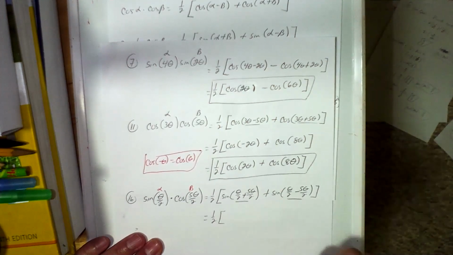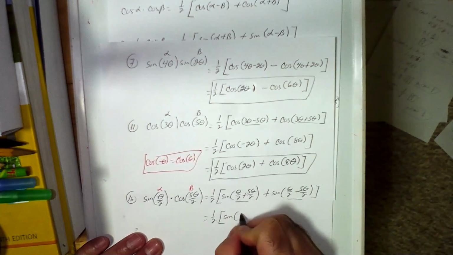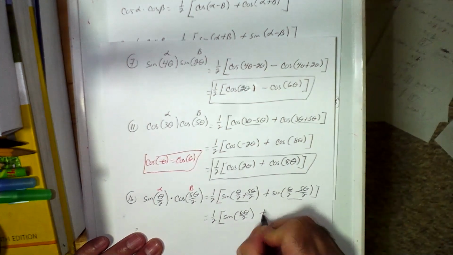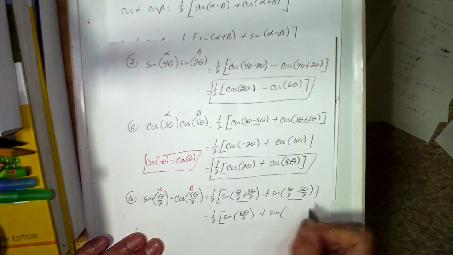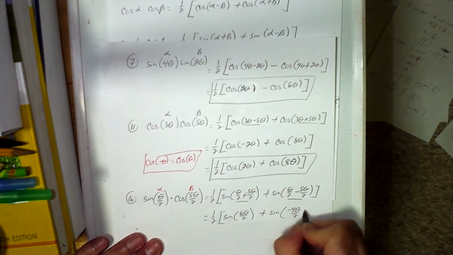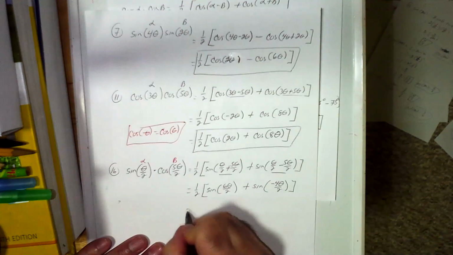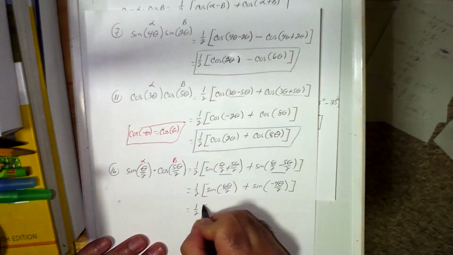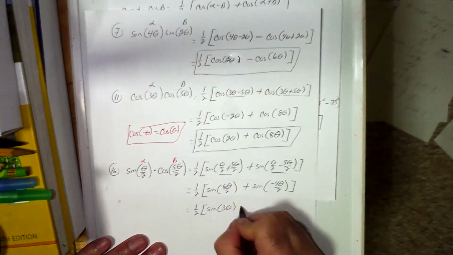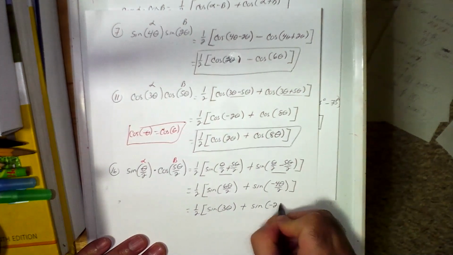That's all you can do. So we get sine of 6 theta over 2 plus sine of negative 4 theta over 2. Right. So I can simplify it more. You get sine of 3 theta. And this gives us sine of negative 2 theta.